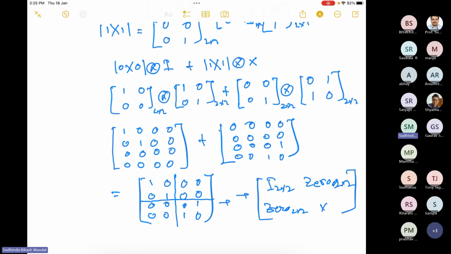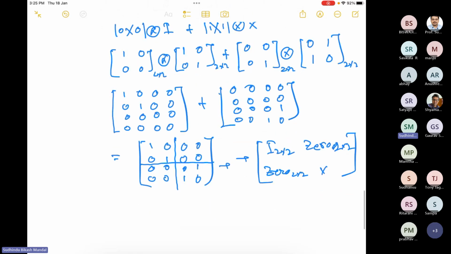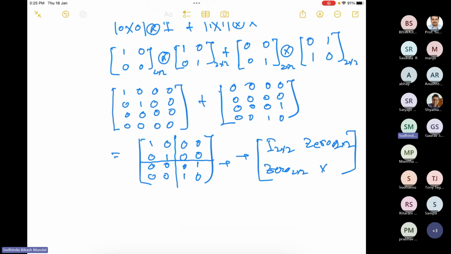This is the composition. Actually, you can design any control operator. Suppose you want to design a control Hadamard gate, which you will find in Qiskit also. You need not do the whole computation; you can very easily see the composition of this matrix. There is identity, and the Hadamard gate is a 2 cross 2 gate.